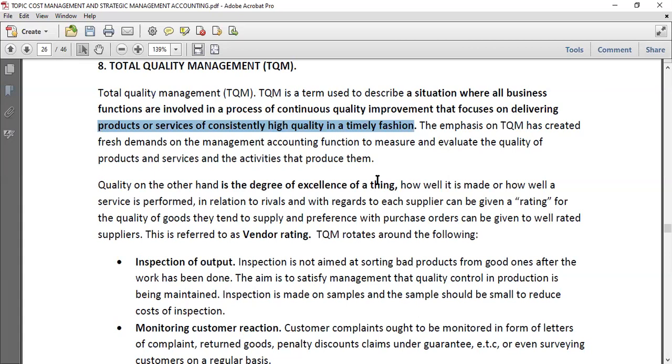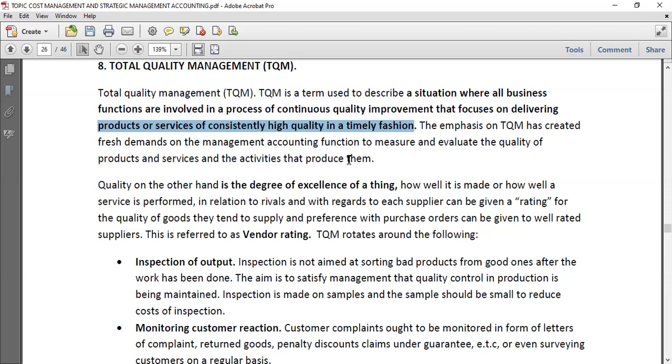So we are saying that TQM has created fresh demands on the management accounting function to evaluate the quality of products and services and activities that produce them. Now, you know that quality and cost work parallel to each other. Okay. Having a quality product and having an optimal cost sometimes are parallel to each other. Like you cannot achieve an optimal cost if you want to have something of very good quality.